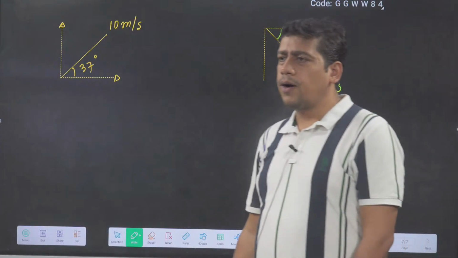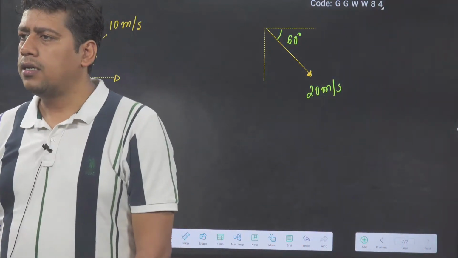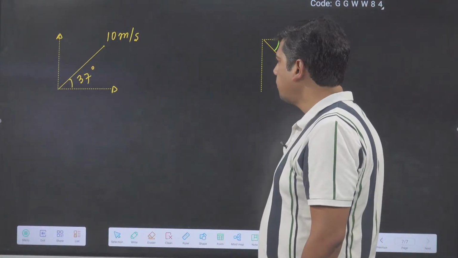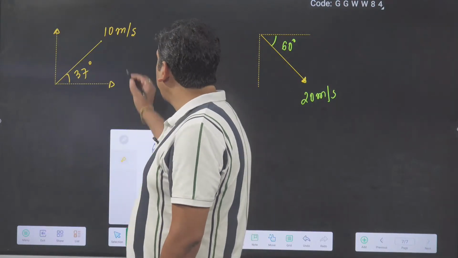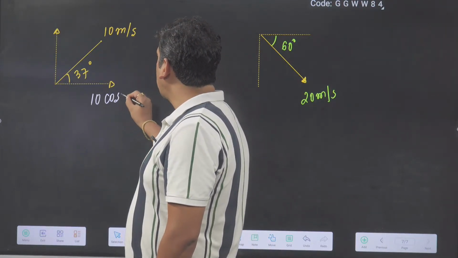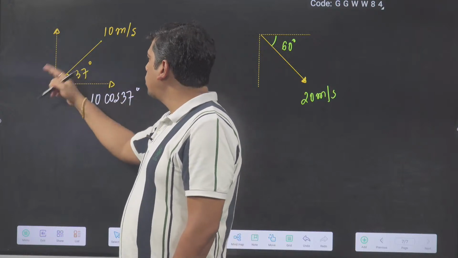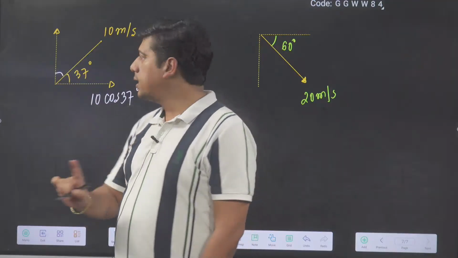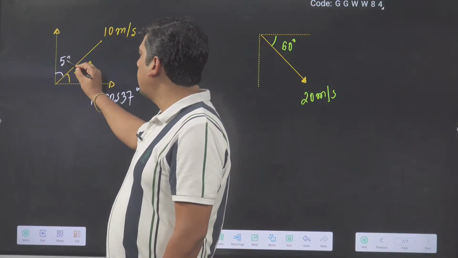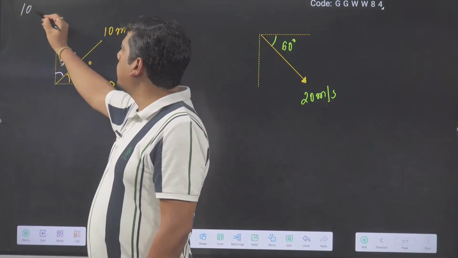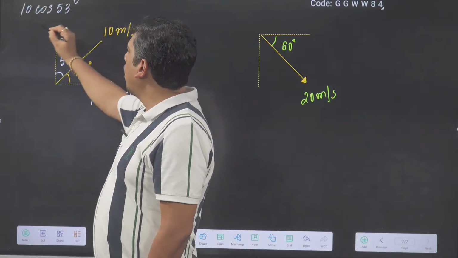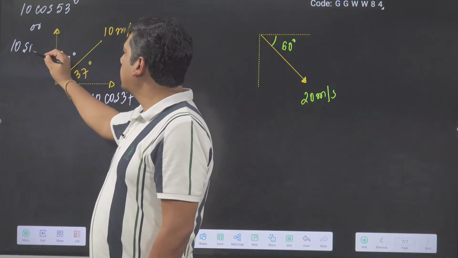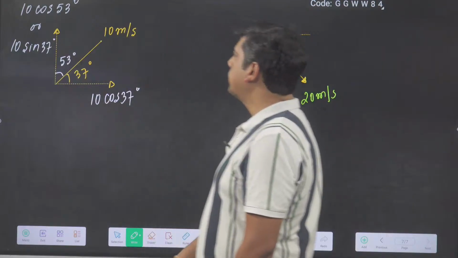Those who are still here, whose patience level is high, please tell me the answer. X equal to 8, y equal to 6. Okay, correct, Tarini. See, the x component will be simple, 10 cos 37 degree. And where you know this angle also, 53, either you can write 10 cos 53 degree, or you can prefer to write this side 37, so remaining side it will be sine, 10 sine 37.